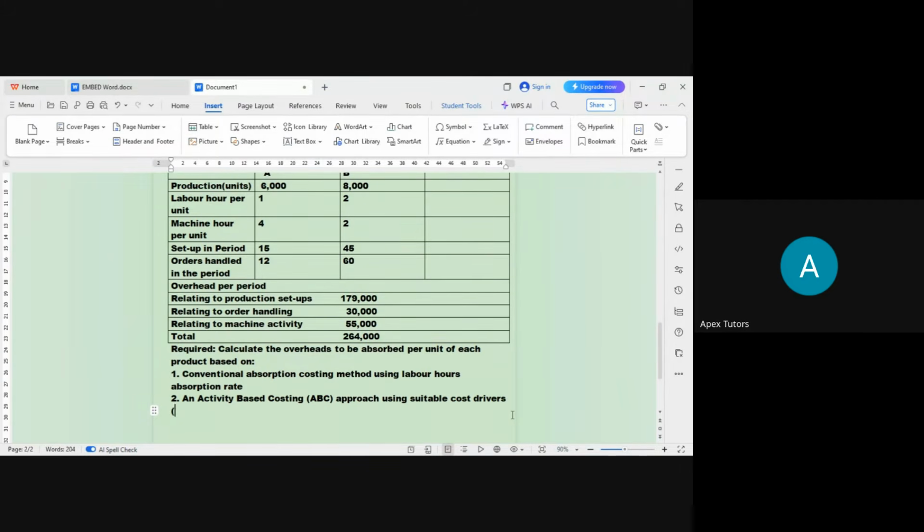This question is an ICAN adapted question.